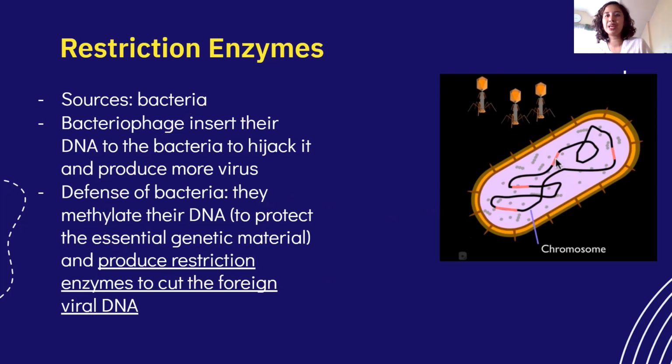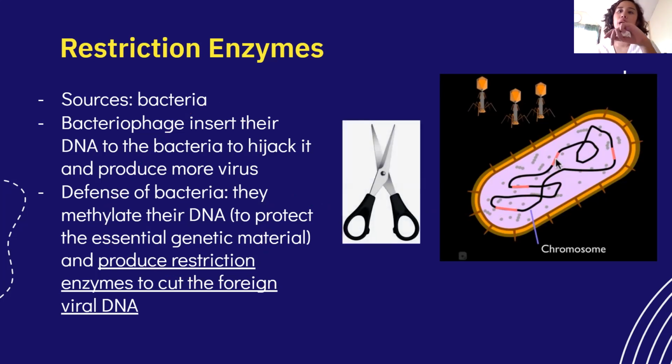What does methylating mean? You will add methyl groups. The E. coli will add methyl groups to the existing bacterial chromosomal DNA. Okay? So, hindi methylate yung mga foreign DNA, yung mga red. Okay? And this bacterial enzyme will now produce a restriction enzyme or a scissor, okay?